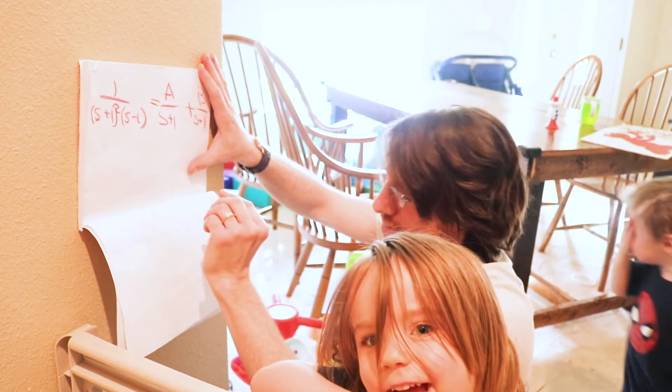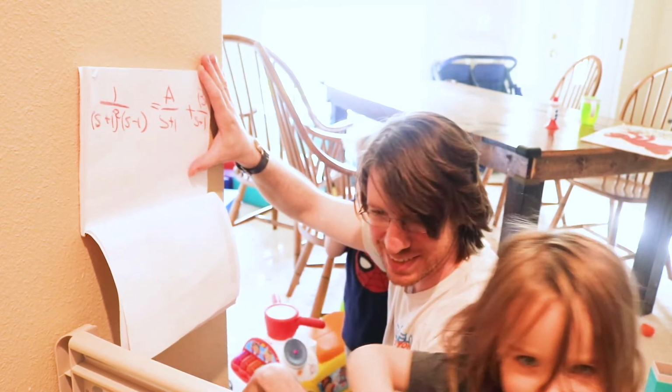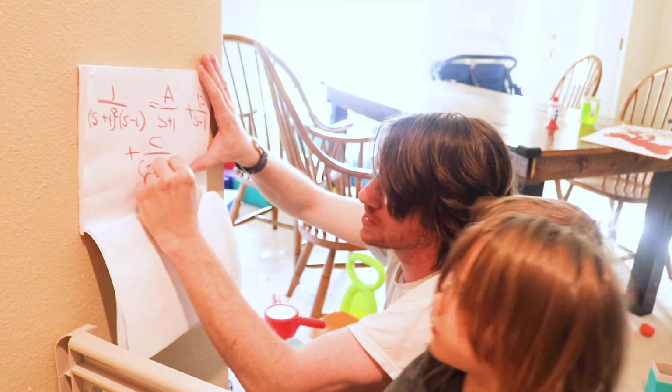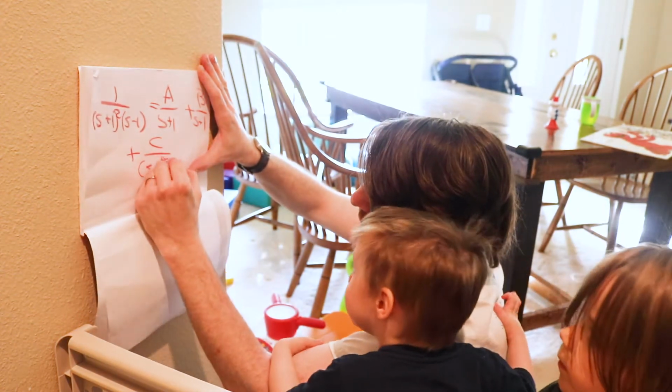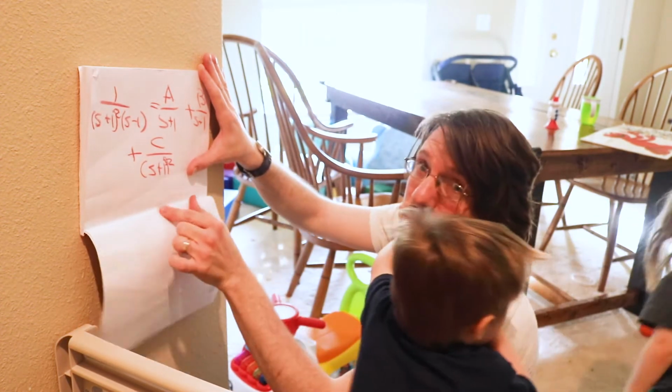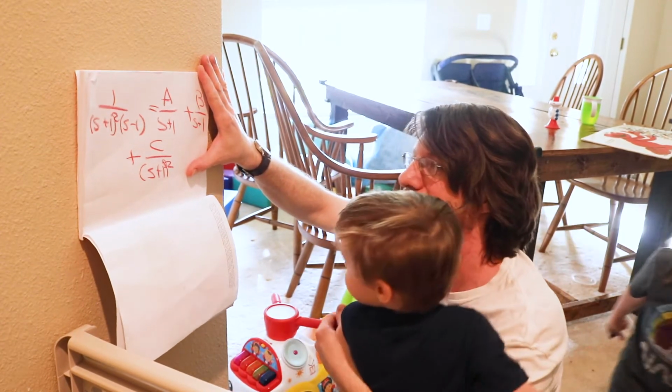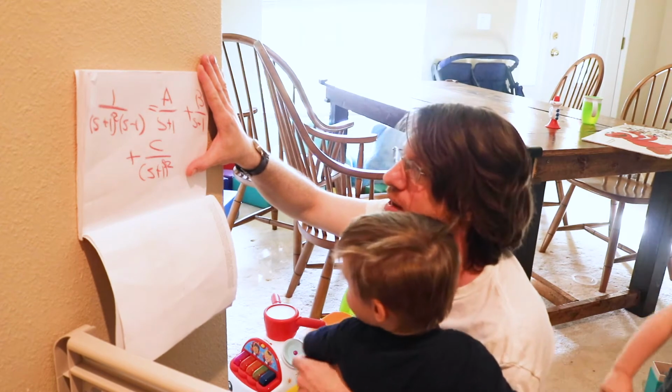So you need to add a c over s plus 1 squared, and then when you add them together, you'd have the right denominator, and now you just need to solve for a, b, and c, the same way you would have before.